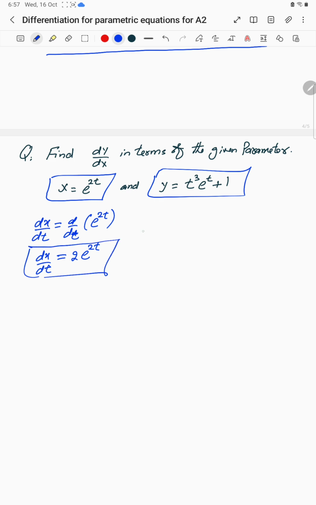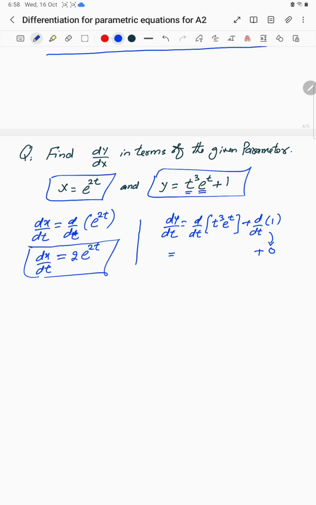And similarly dy by dt, as the multiple of two terms, cubical term function and exponential function plus constant. So you need to write d by dt of t cube e power t plus d by dt of 1. That goes to be 0 because the differentiate of a constant is 0.